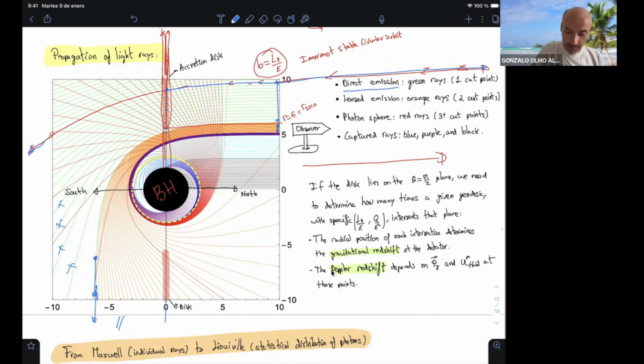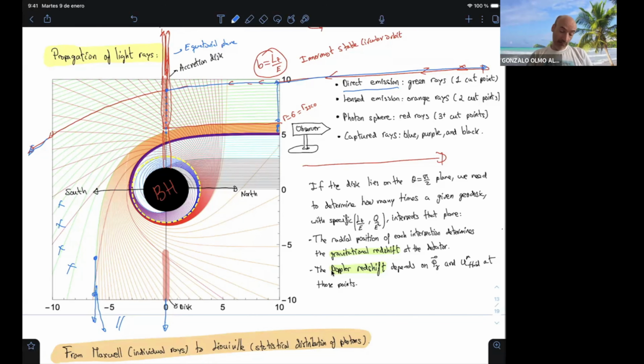So this is the equatorial plane. It hits the equatorial plane once, okay? But at infinity, it could hit the equatorial plane again, okay?